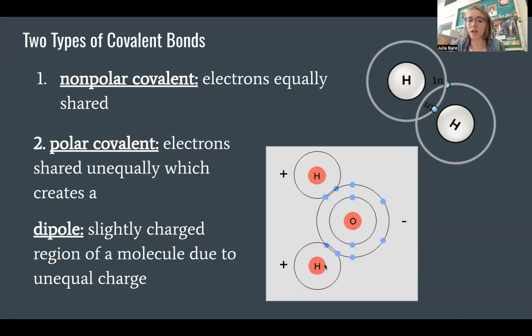This is oxygen relative to hydrogen. So because oxygen has a comparatively stronger electronegativity than hydrogen, it's going to yank on those electrons and it's not going to steal them entirely. This is still a covalent bond, but it's going to be greedy with those electrons.